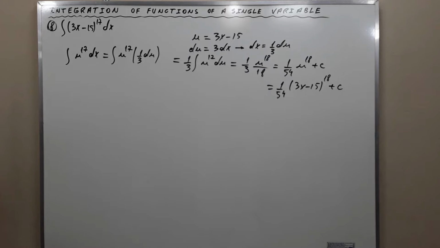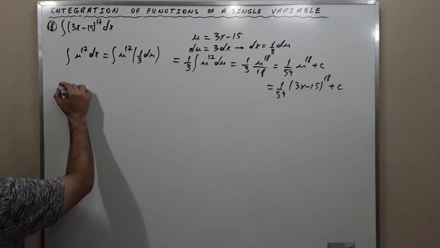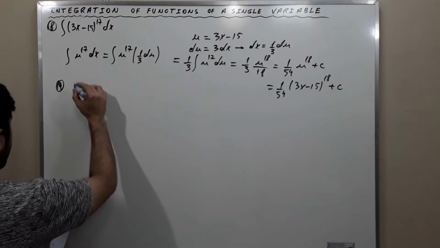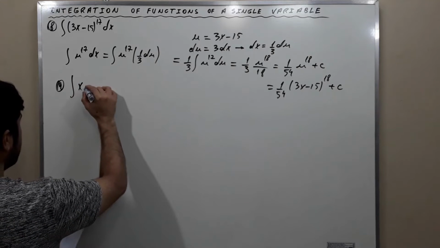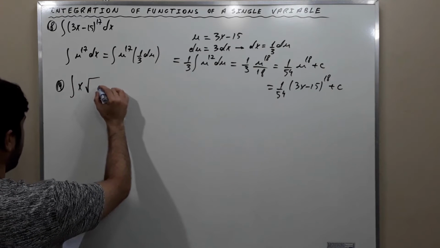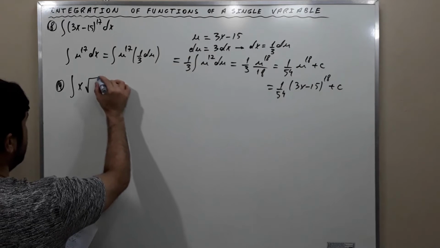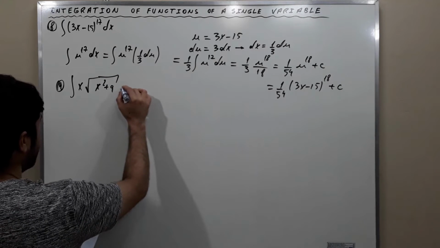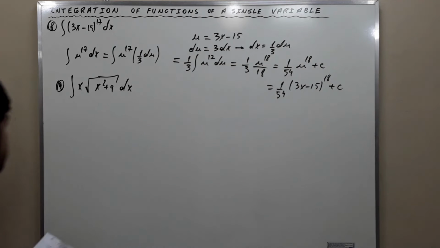Now let's go to exercise 9 and apply more u-substitution. Exercise 9 is going to be the integral of x times the square root of x squared plus 9 dx. Okay?